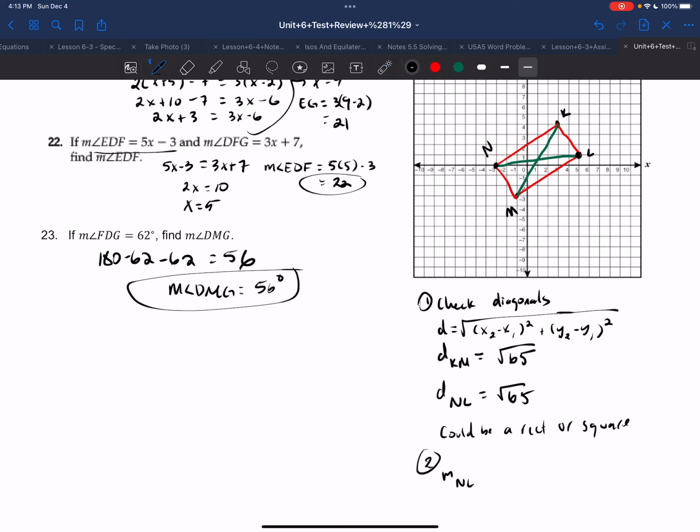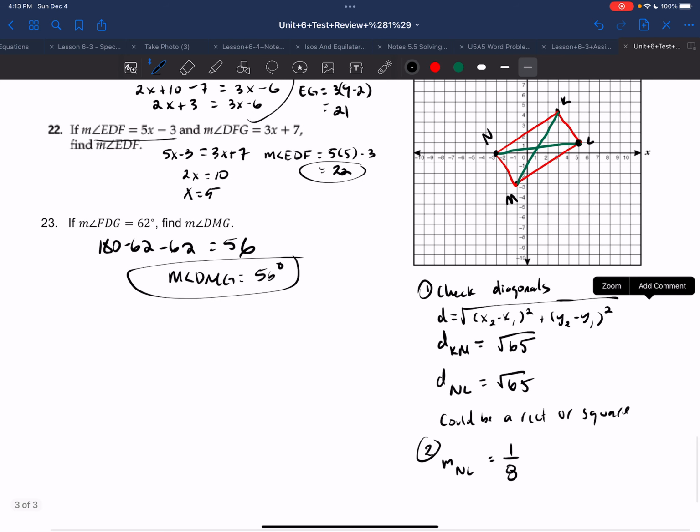So, I'm going to go 1/8 for that slope, and then I can go ahead and check the slope of KM. So here's K and here's M. I like to start from left to right, so I'll use this point here. So I'll go 1, 2, 3, 4, 5, 6, 7, 1, 2, 3, 4. So I have the slope of KM, the diagonal, 7/4.